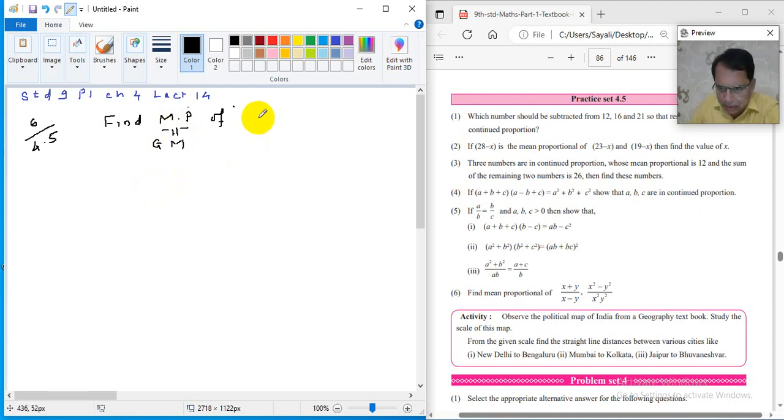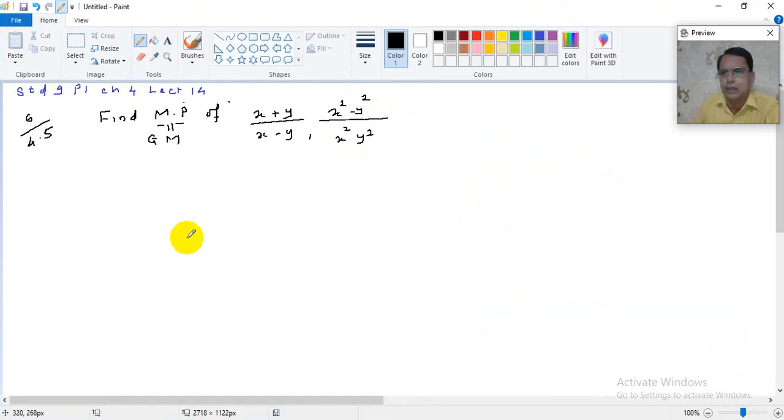Of what? X plus y upon x minus y is, and what is second number? X square minus y square upon x square y square. X square minus y square upon x square into y square. यांचा मीन प्रपोर्शनल तुम्हाला काढायचा आहे. आता रूल काय बघा, if b is mean proportional, the solution, if I want to write, first we should write the rule.